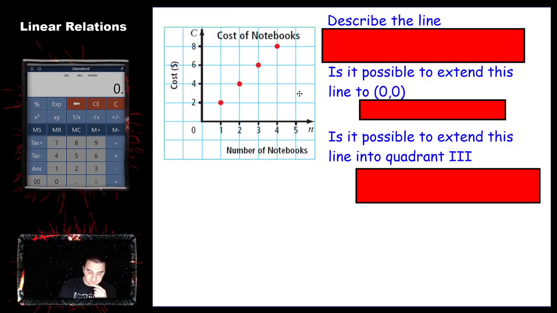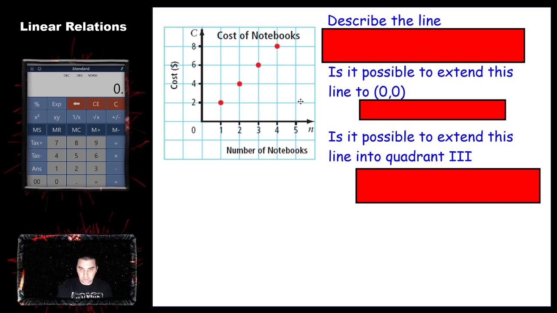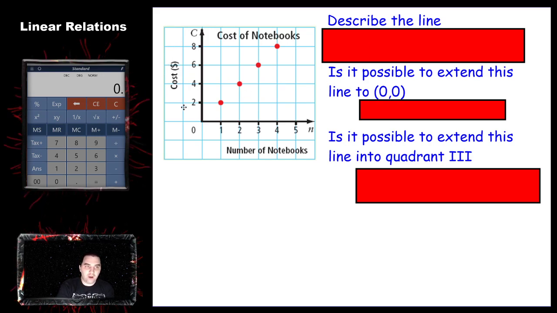Okay, and I think this is the last one. Yes, it is, the last one. So we have notebooks, not electronic notebooks, but pencil notebooks, stuff you write in. So cost, $0, $2, $4, $6, $8, compared to the number of notebooks. We're describing the line.